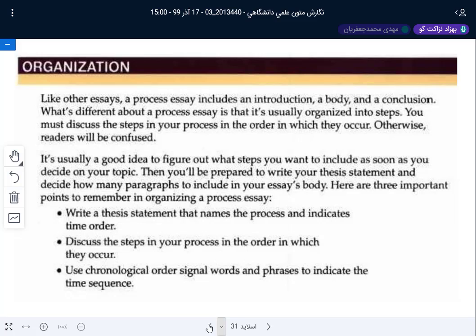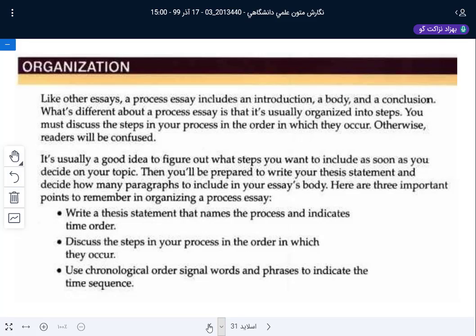The number of the ideas you put in your thesis statement will determine the number of the paragraphs you want. So how you want to develop your whole essay or passage. In the last session and previous sessions, we talked about the thesis statement and how to write it. You know how to write it.